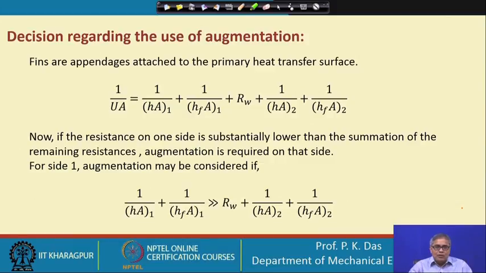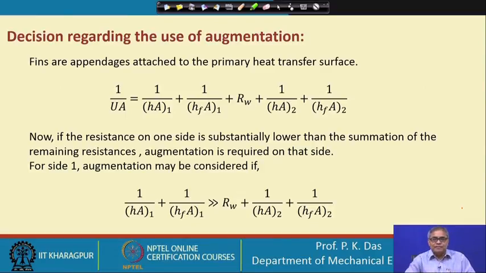I am not satisfied with the performance of a particular heat exchanger. Then I have got limited resources. So, I should try to get the best return on my investment. So, first I have to decide where I have to go for augmentation. Please let me explain it.